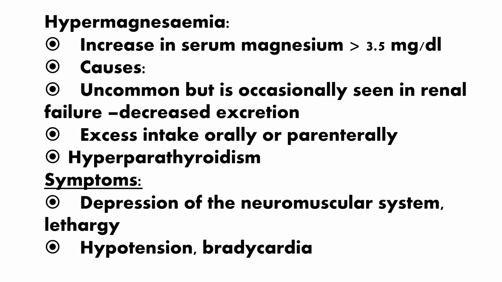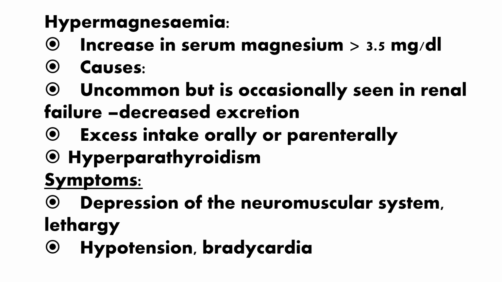But if the serum magnesium concentration is above 3, because the upper limit was 3, 1.7 to 3 milligrams per dl is the normal serum magnesium concentration. So when the concentration is more than 3.5 milligram per dl, we will call it hypermagnesemia. Though hypermagnesemia is very rarely observed, it is usually seen in patients suffering from renal failure, and as a result, the excretion of magnesium via the kidneys is decreased, so there is an accumulation of magnesium in the circulation.